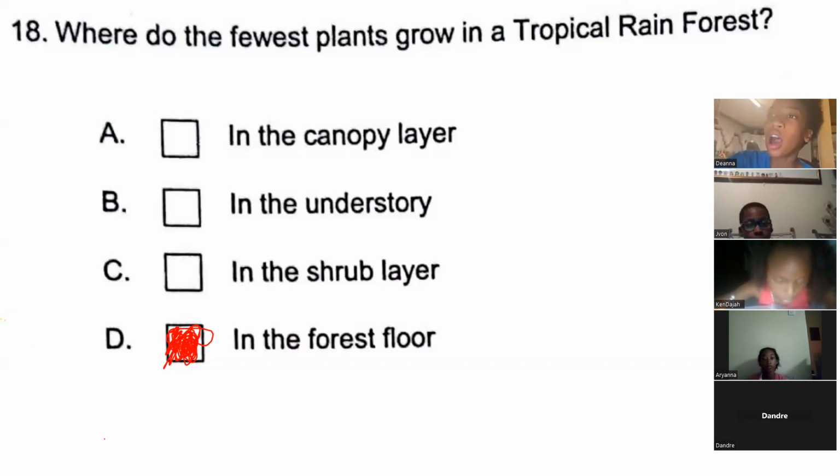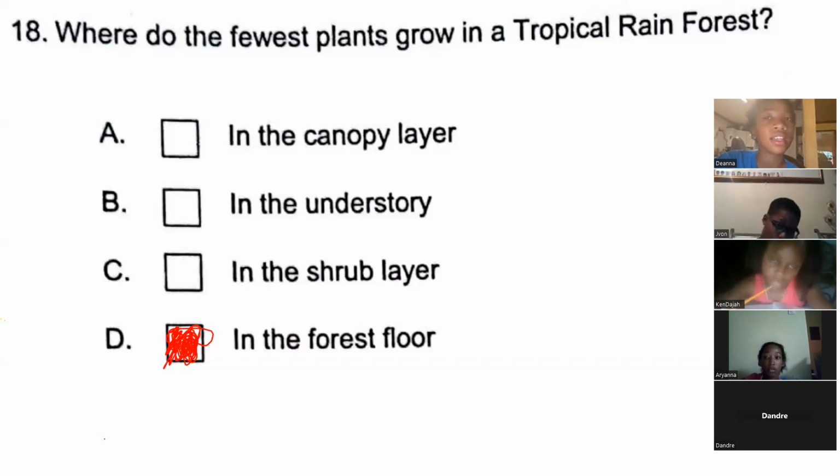Anyone? The desert. Anyone else? Give me another type of biome. The Arctic. Go ahead, Ariana. The grasslands. Very good. Javon, give me another type of biome. Antarctic. Say it again. The aquatic.